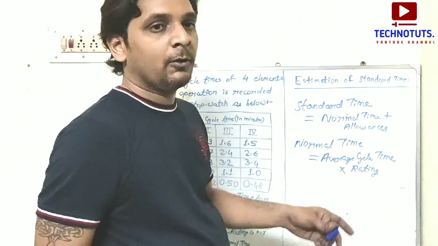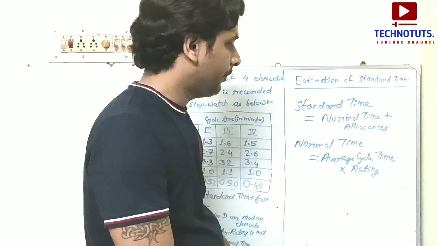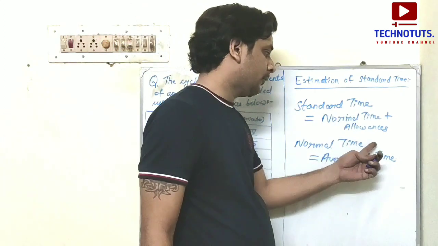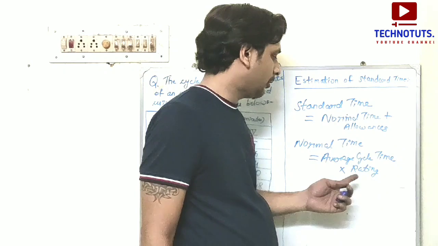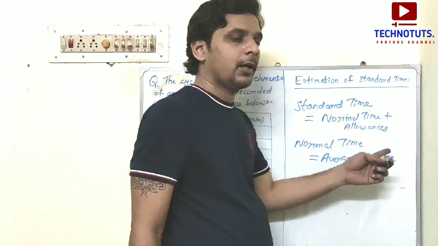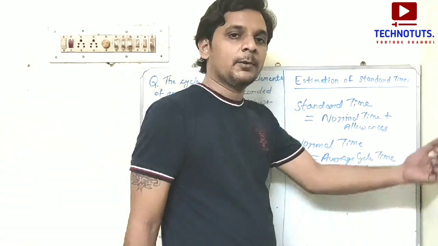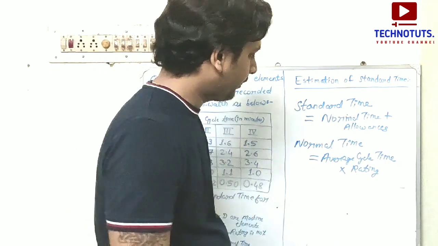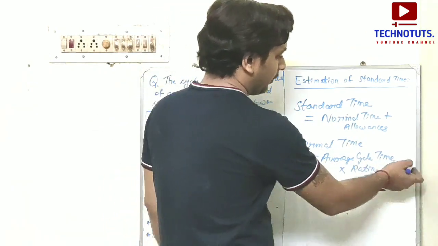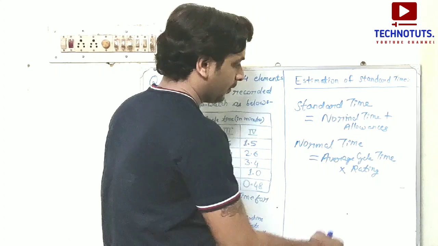When the normal time of an operator is to be calculated, and similarly for any machine, normal time is equal to average cycle time for that machine into rating of that particular machine.